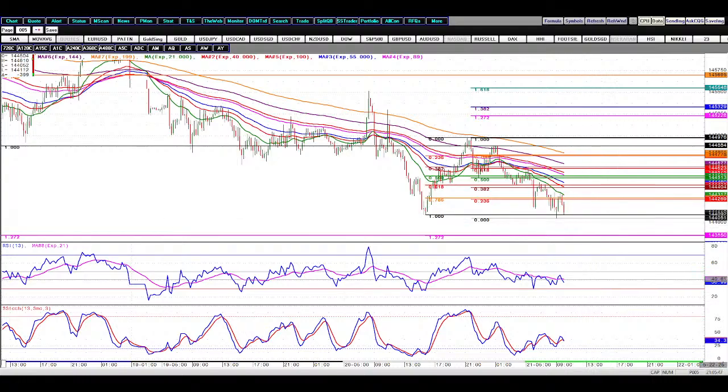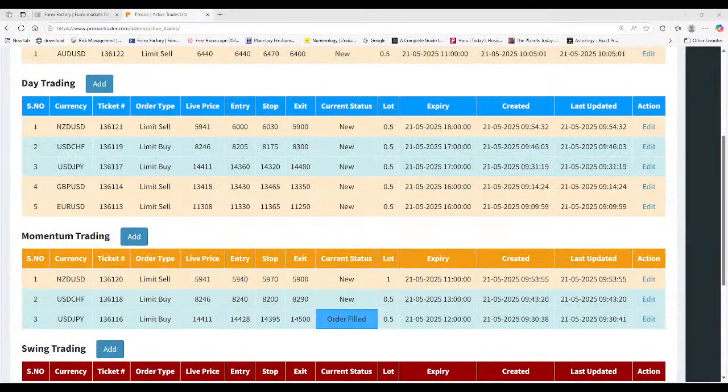New Zealand dollar, we feel that the top is seen, so we are going for a sell. Gold, we also feel the top is seen, so we are trying to go for a sell. Then the pound and euro, we are trying to enter slightly at a better level.